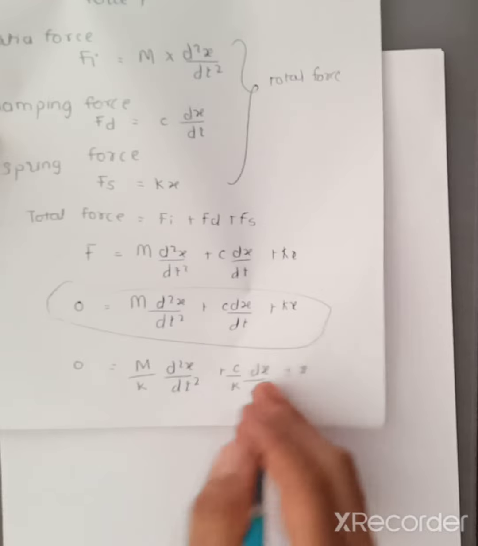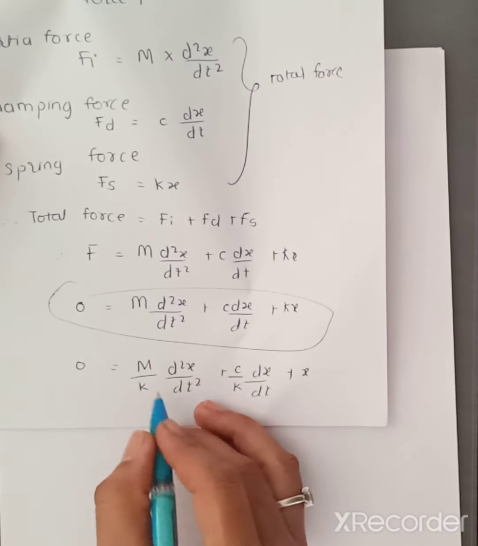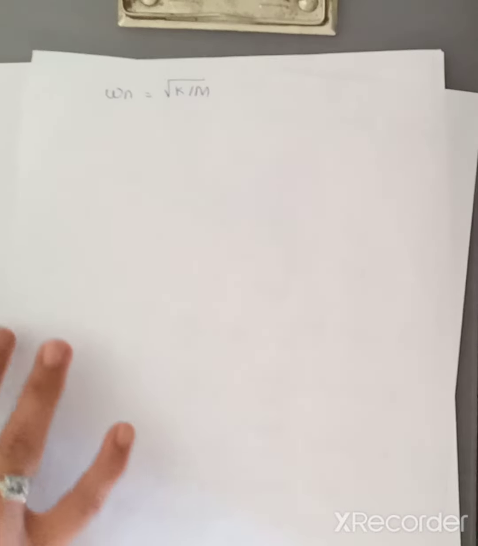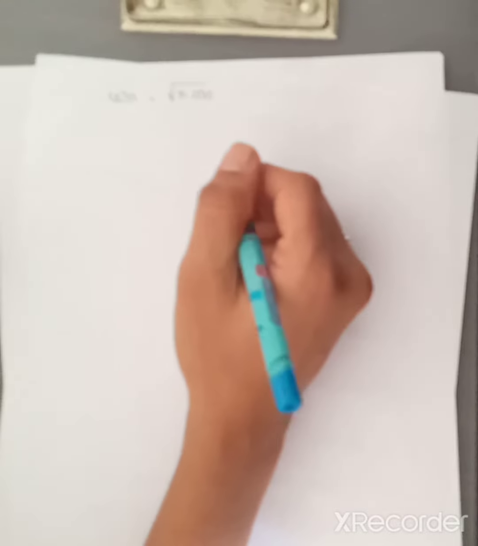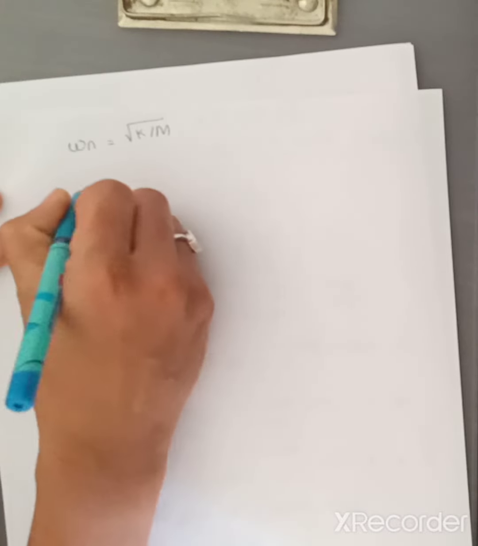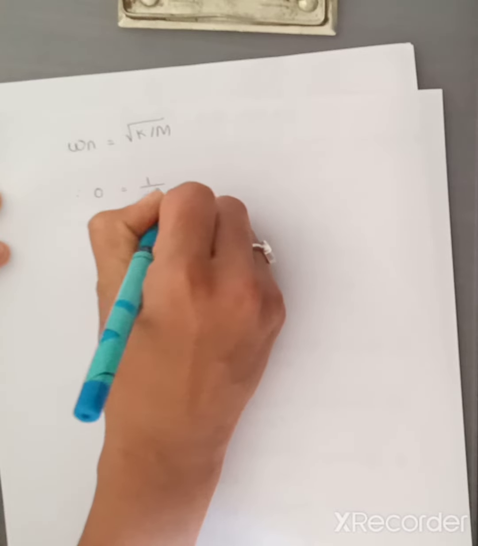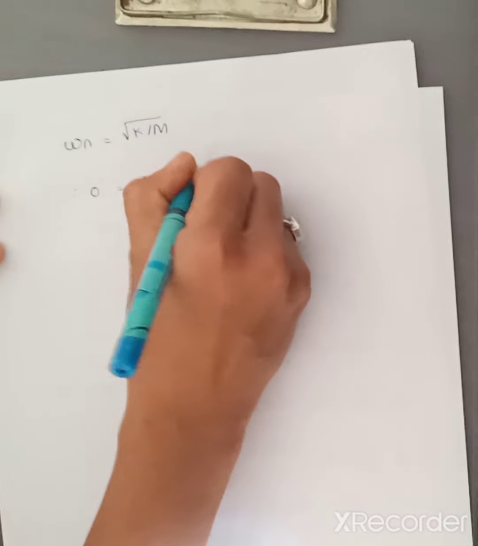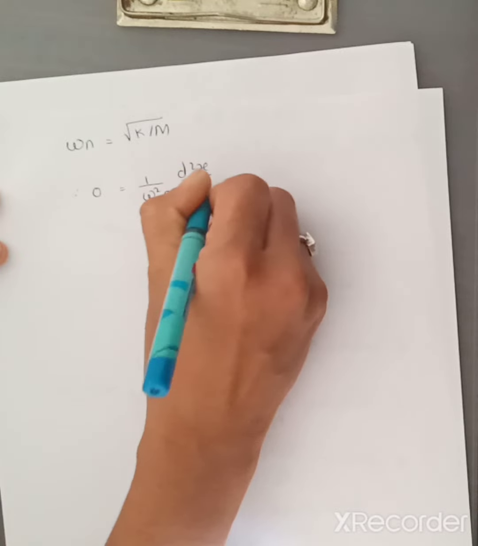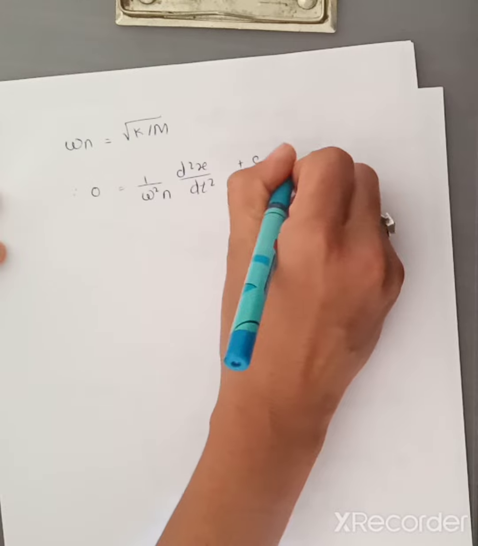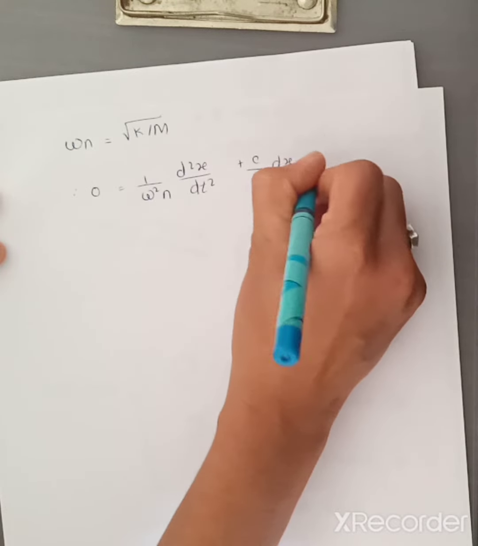In our previous equation we have m upon k. Here we will replace it by the formula of angular frequency. Therefore we will take 0 is equal to 1 upon omega n square d square x upon dt square plus c upon k into dx upon dt plus x.